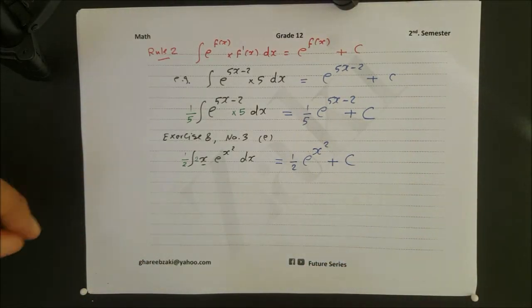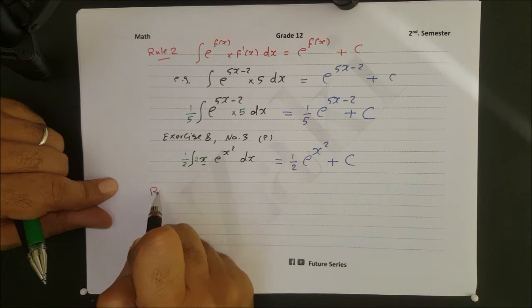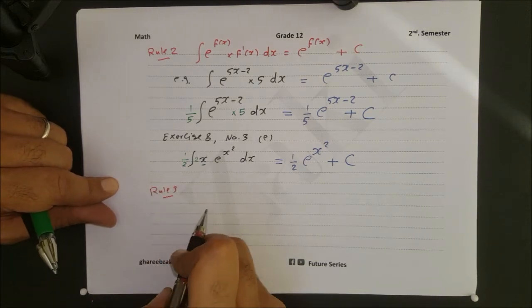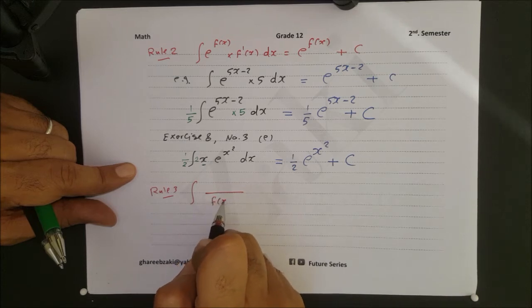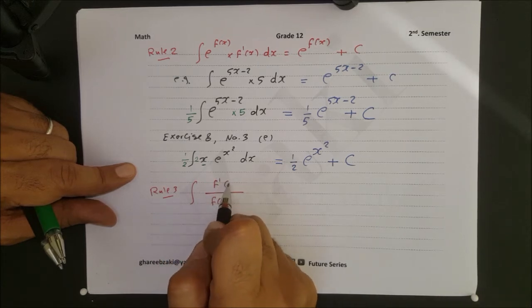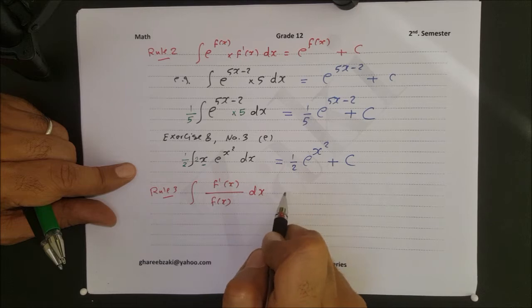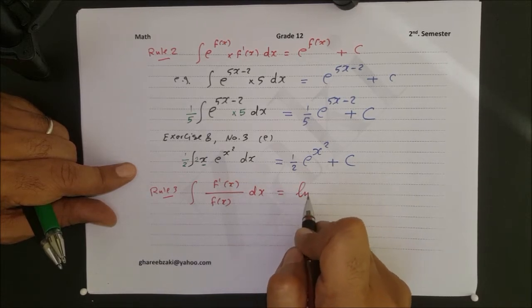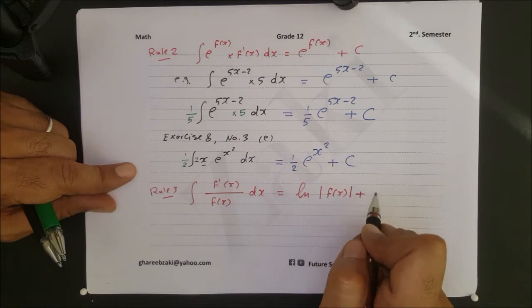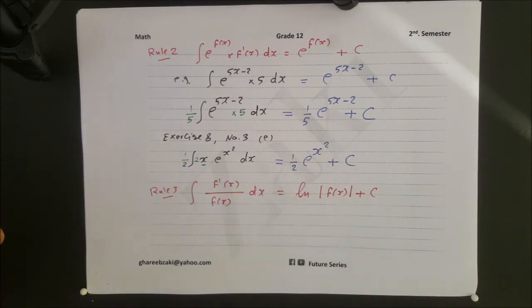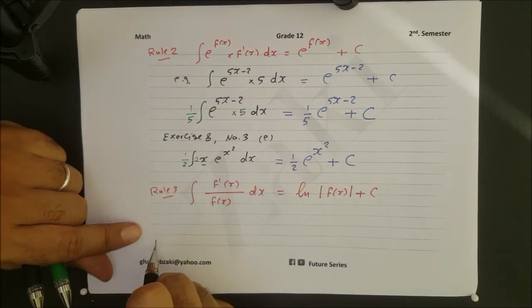Now we study rule number 3. Integration of f of x down, up its derivative of the denominator, dx. So the answer is ln f of x plus constant. Now we need to understand what is the difference between rule number 3 and rule number 1.